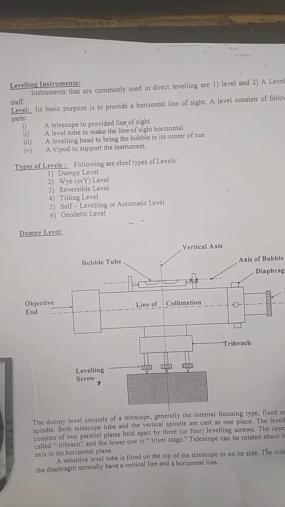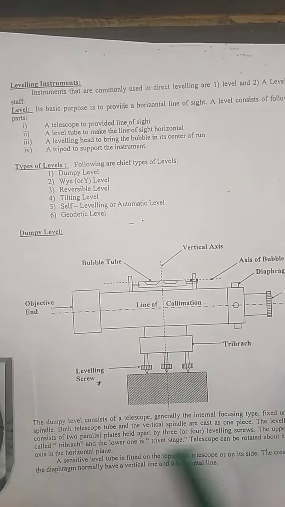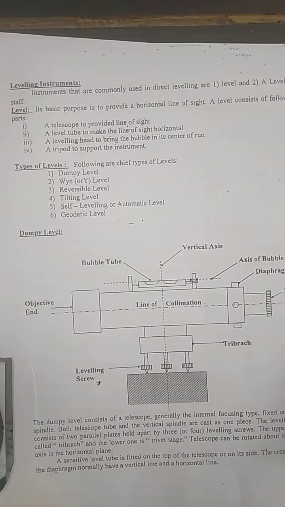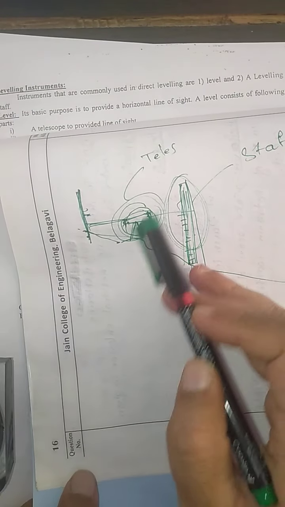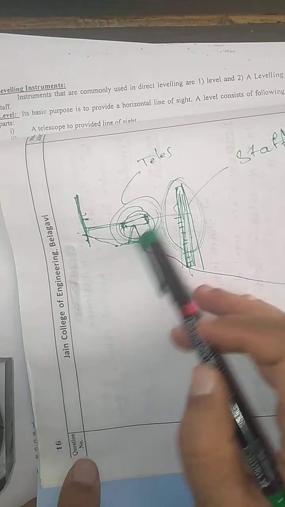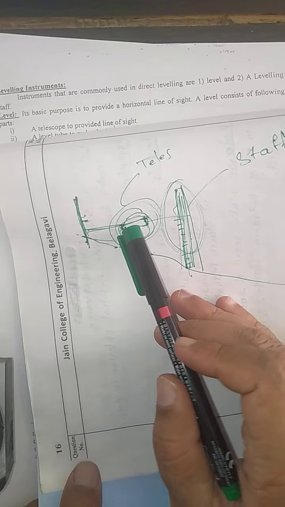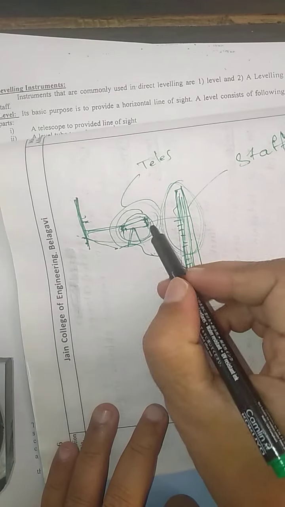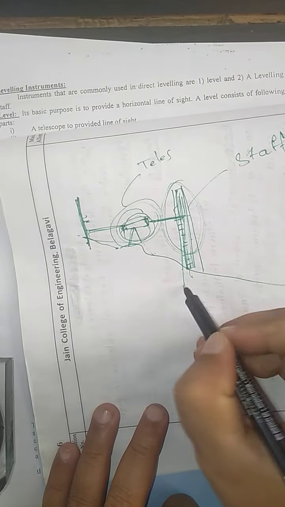Okay, the basic purpose of a level, right? This particular instrument we are going to call a level. The basic purpose of this level is to provide the horizontal line of sight. As I have told, from this level or telescope, what we are going to do is it is going to provide the horizontal line of sight towards the staff.